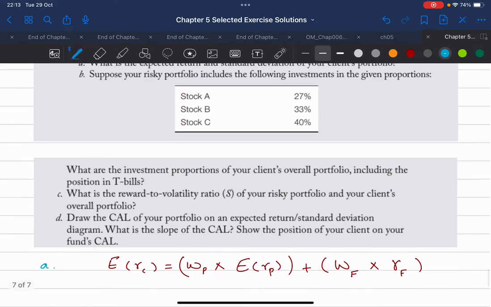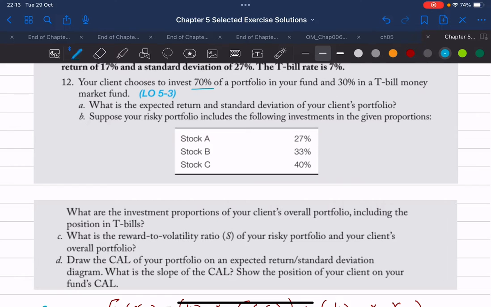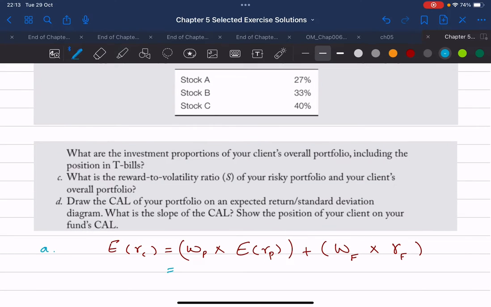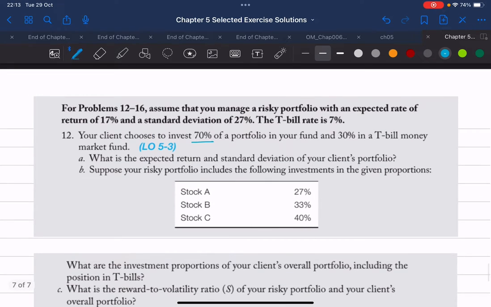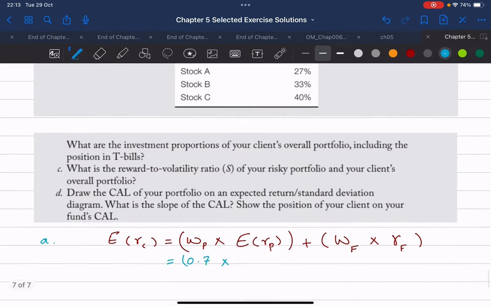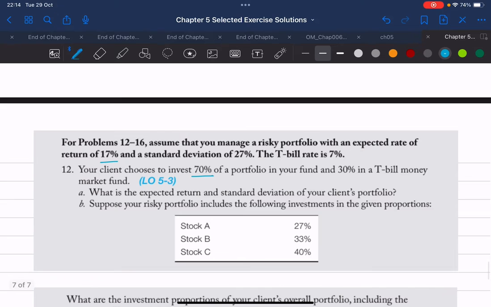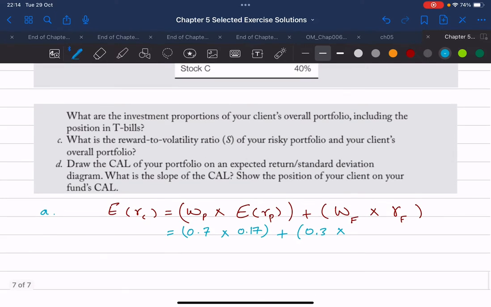The weight of the portfolio, based on what's given to us here, is going to be 70%, so that's 0.7, multiplied by the expected return on the portfolio, which is 17%, so that's 0.17, plus the remaining 30%, which is 0.3 weight, allocated to the treasury bill, which is expected to return 7%. So that's 0.07, okay?